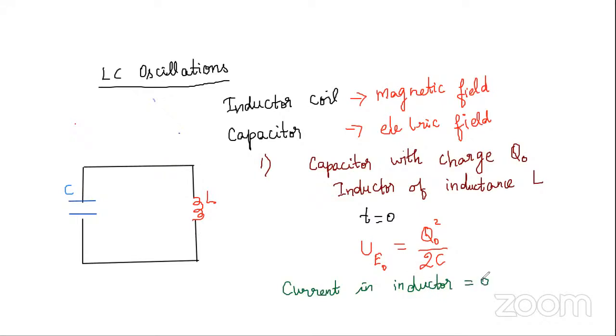Current in inductor is equal to 0, so energy stored in it is also 0. U_B is equal to 0. So total energy is fully electrical now.